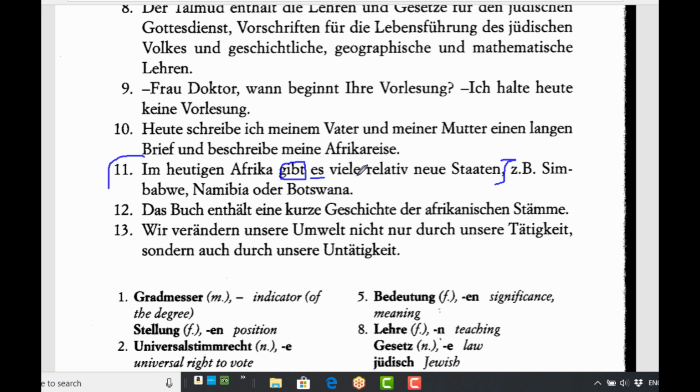Going on. For example, Zimbabwe, Namibia, or Botswana. Good. And we haven't had this yet, but this is an adverb modifying an adjective right here. We indicate the adverb with a squiggly line and the adjectives with a dashed underline. There are many relatively new, modifying that adjective, states.